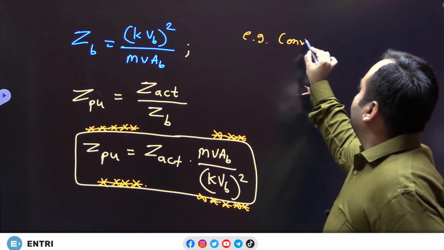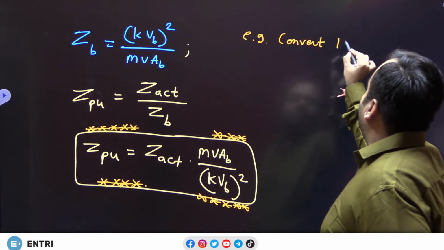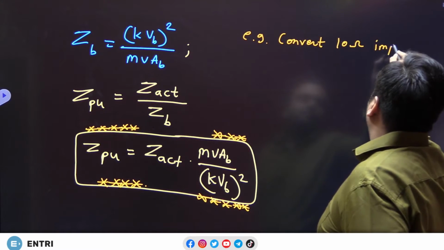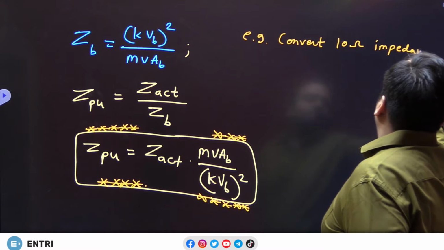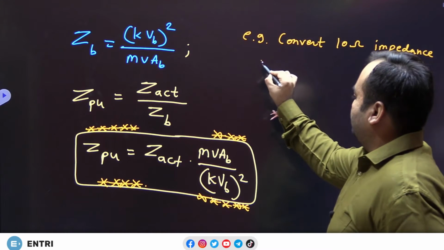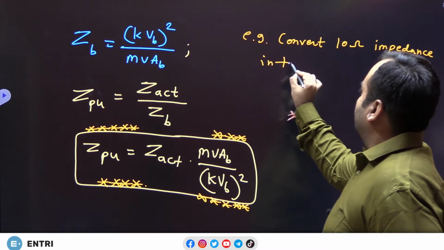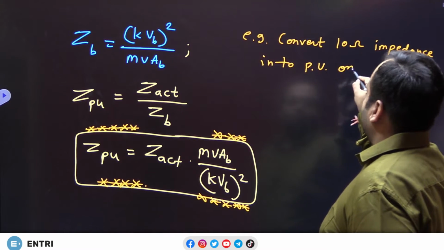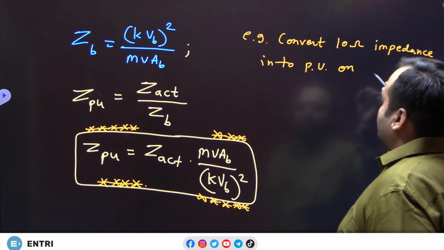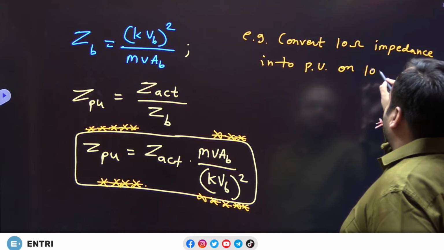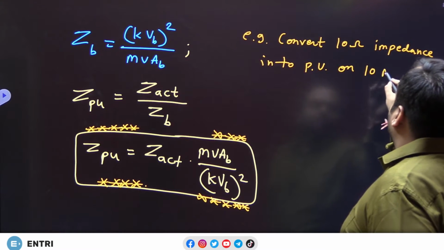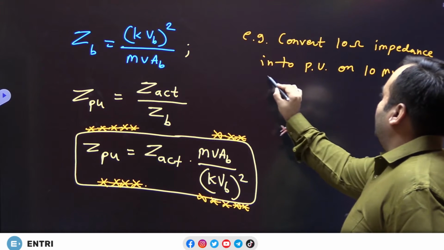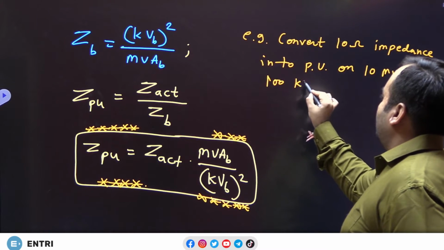Convert 10 ohm resistance or impedance into per unit on, how much should I take? 10 MVA, 100 kV base.